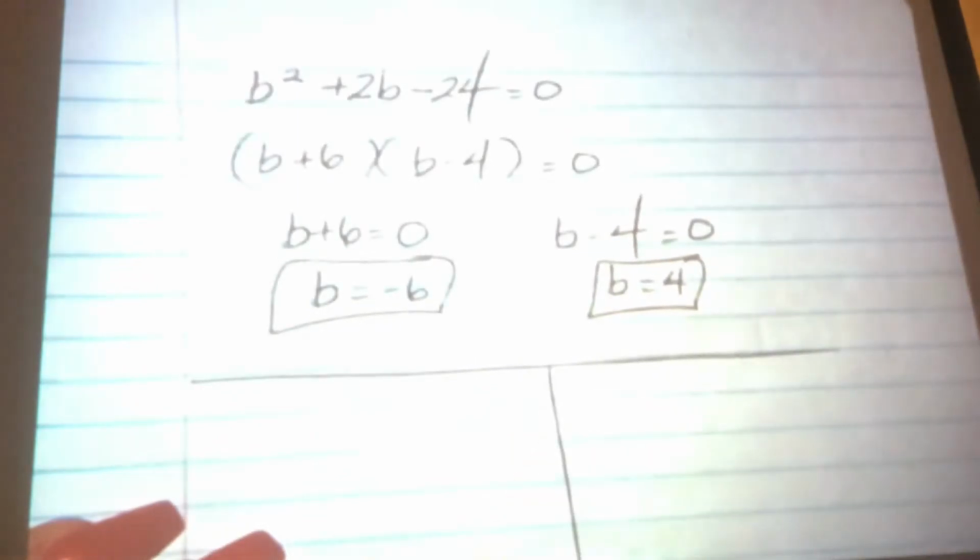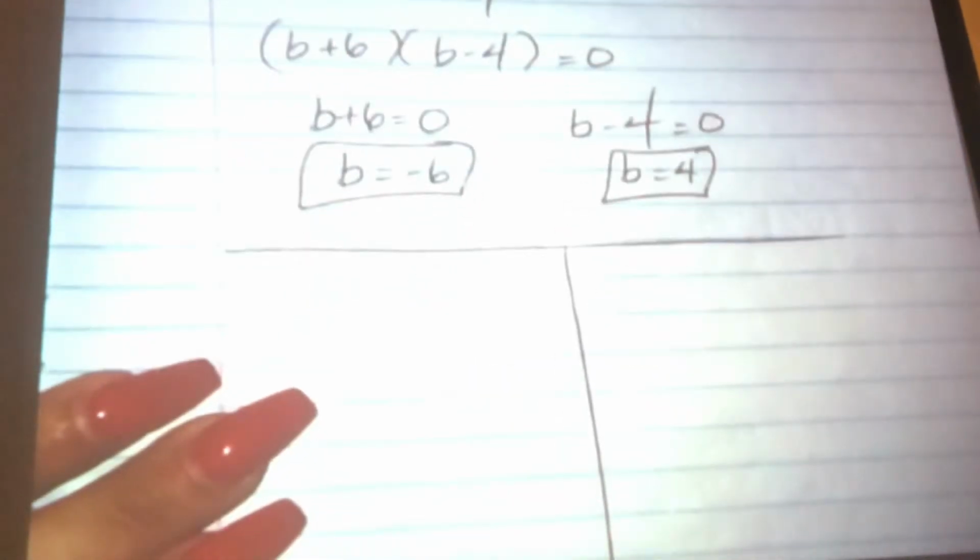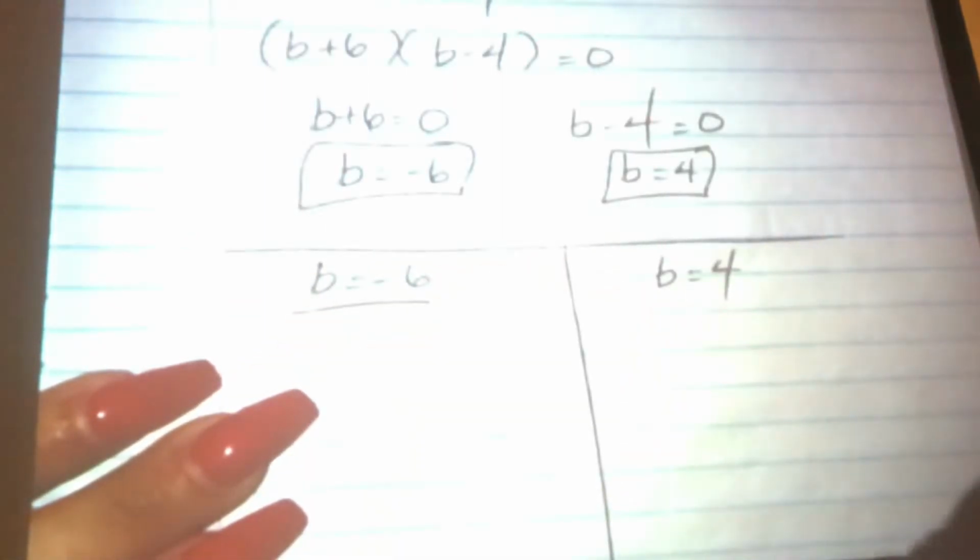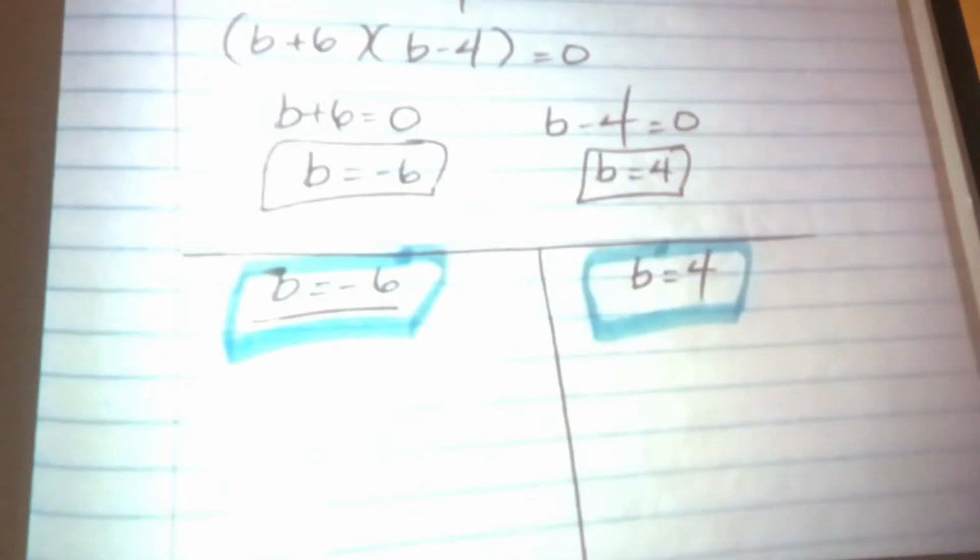The thing is, you have to check it to make sure that your answers are not extraneous. So you need to check b equals -6 and b equals 4 by plugging it back in and make sure that it's correct.